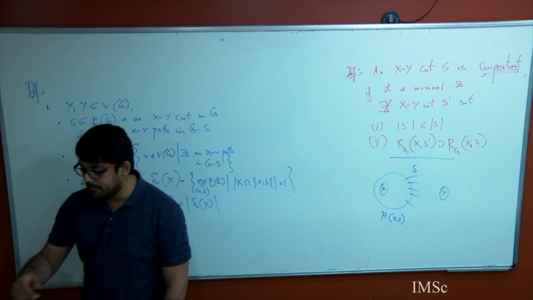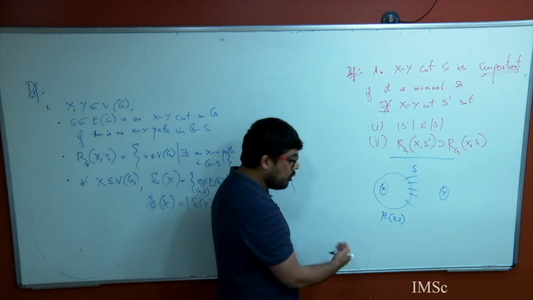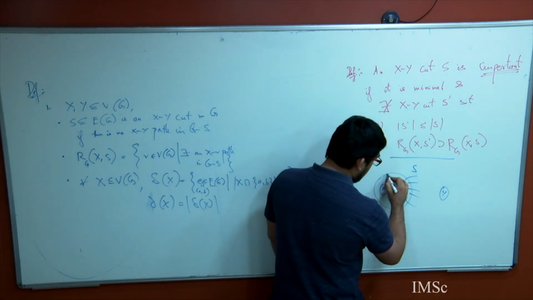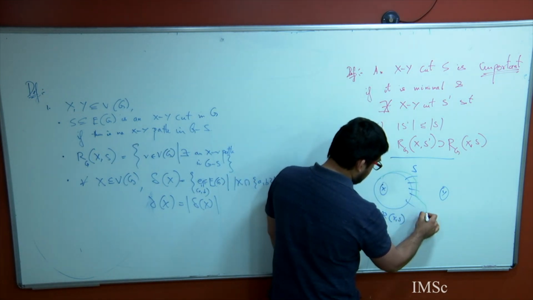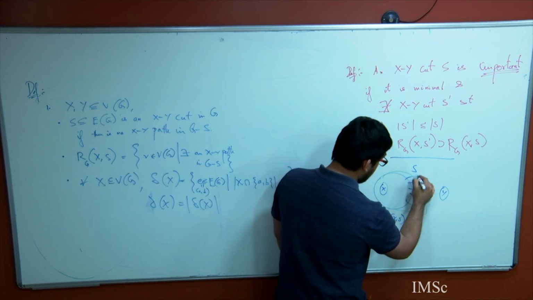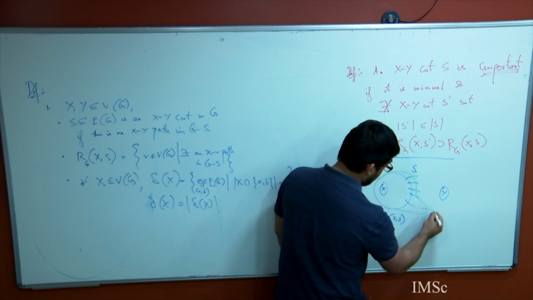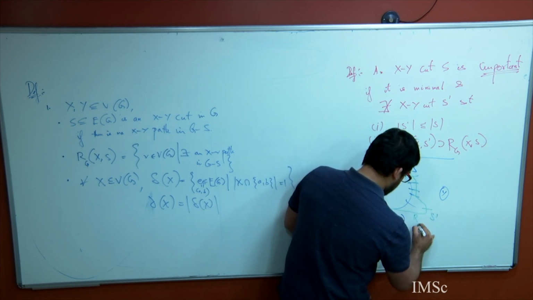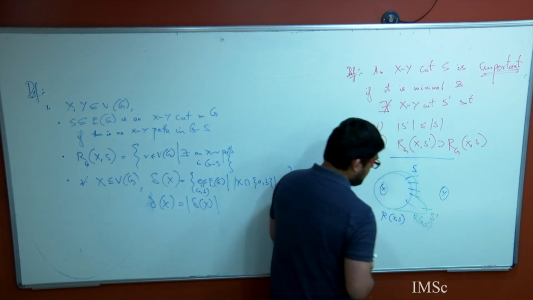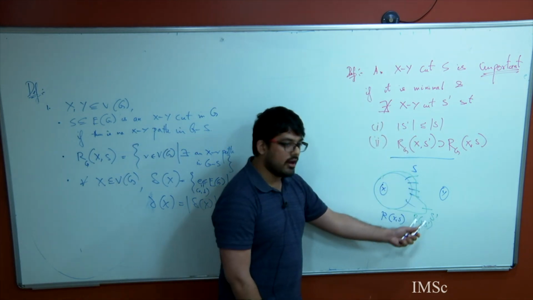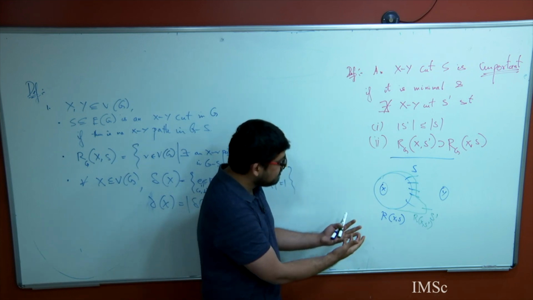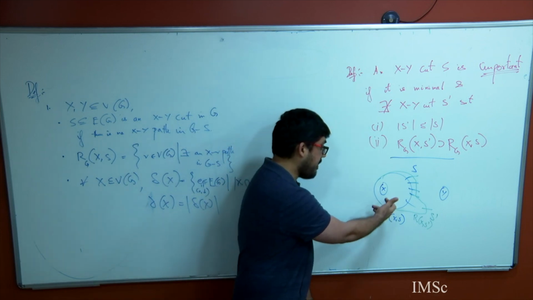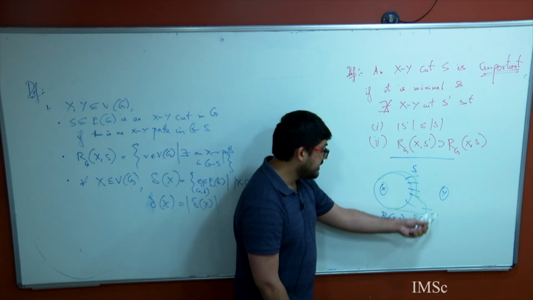When do we say it is actually important? It's important if there is no other cut which is somehow more important, and by that what I mean is you should not have some other cut S prime. Let's say S prime also contains these edges and maybe some other edge. So S prime is the green one. So you have another XY cut S prime, which is intuitively closer to Y, or in this case farther from X, such that it is no larger.